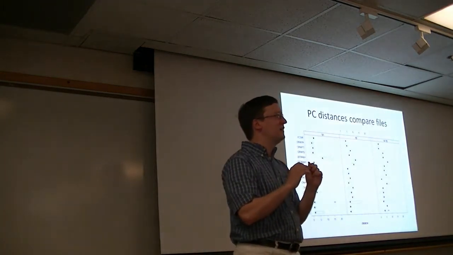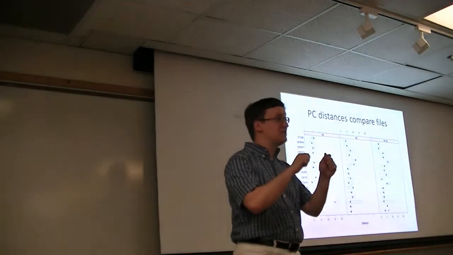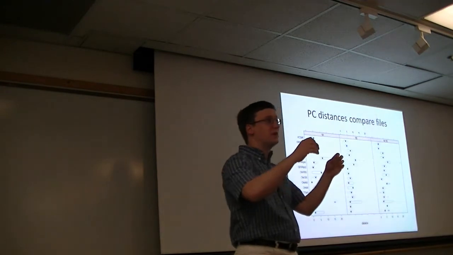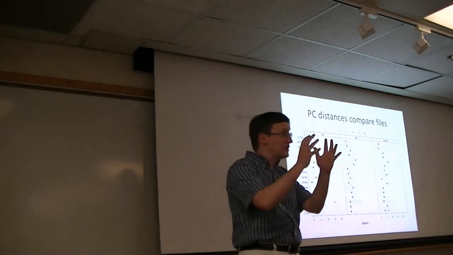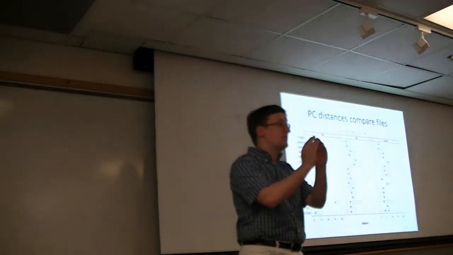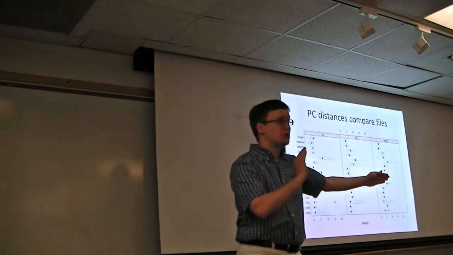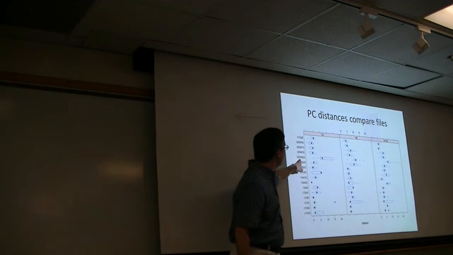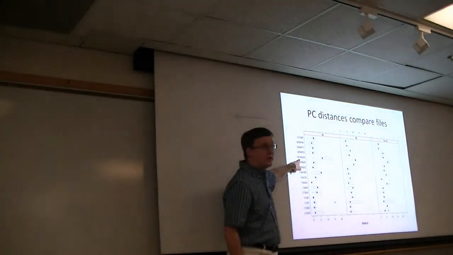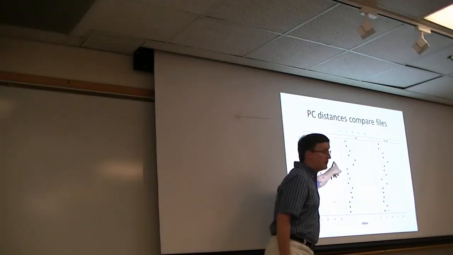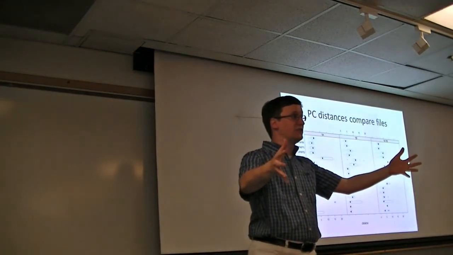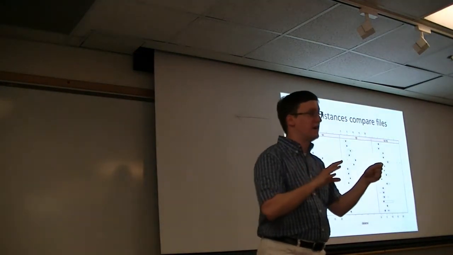And we can ask, are the distances that we see between the vector for this experiment and the vector for this experiment, are those all producing comparable distances, or are a couple of those distances much longer than the others? So what we see is that in an instrument like Q Exactive at 54 here, the whole distribution is shifted off to the right, meaning that the distances between pairs of files are much greater on average.